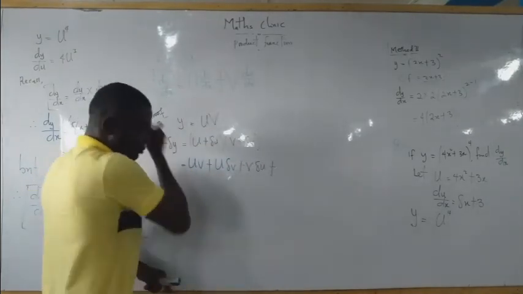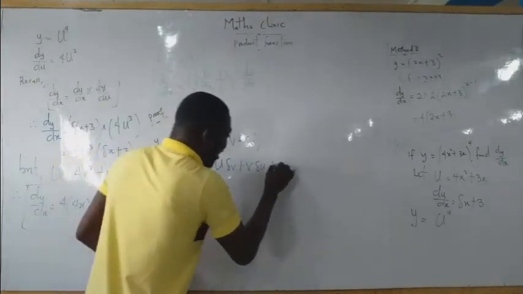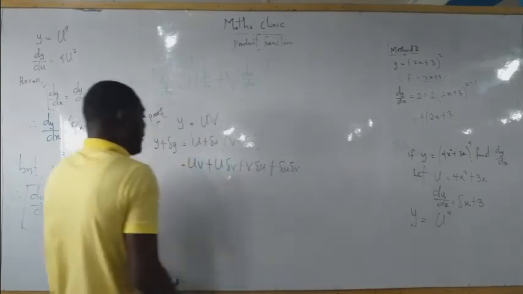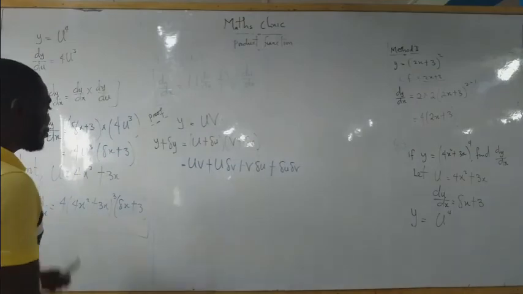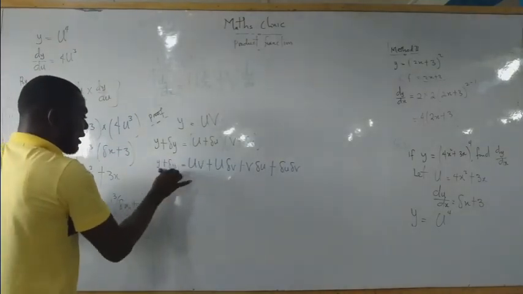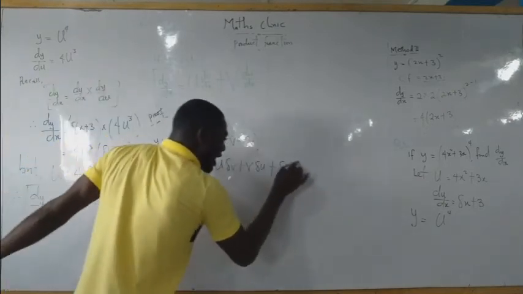Plus changing u times this. That will be changing u, changing v. So that will give dy, y plus changing y. Take this to the other side.